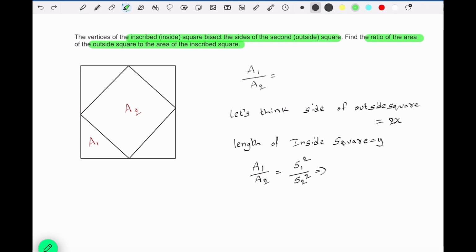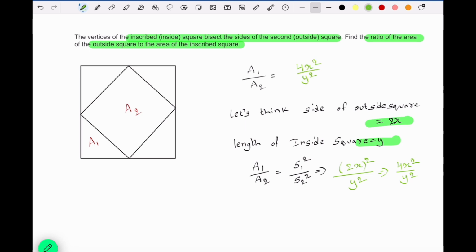As we assume the length of the outside square is 2x, A1 over A2 is (2x) whole square over y square. We can write it as 4 times x square over y square. So A1 over A2 is 4 times x square to y square.